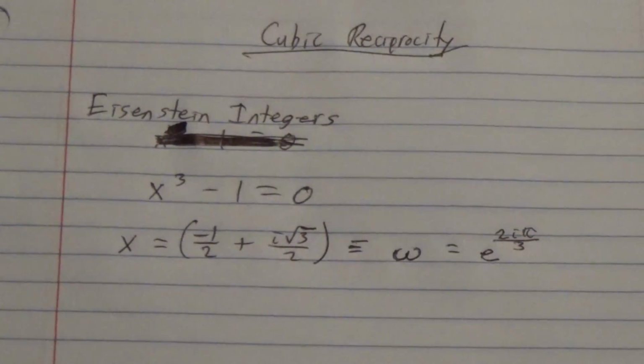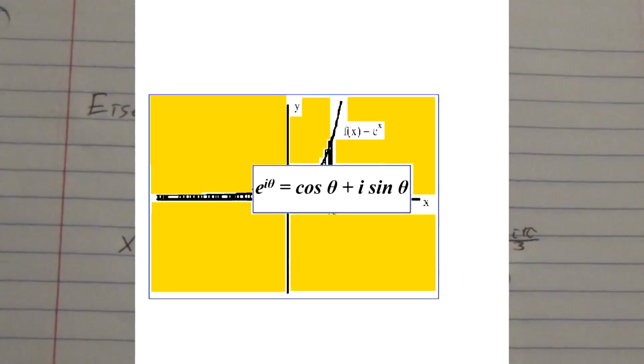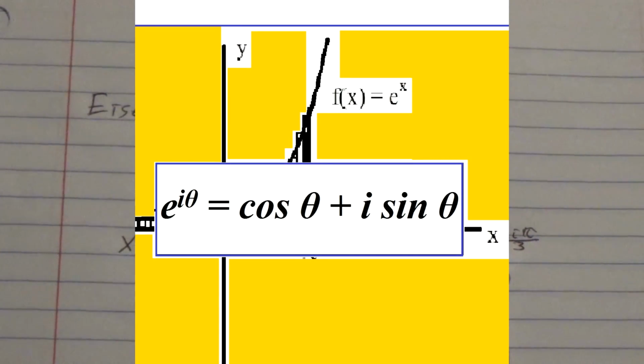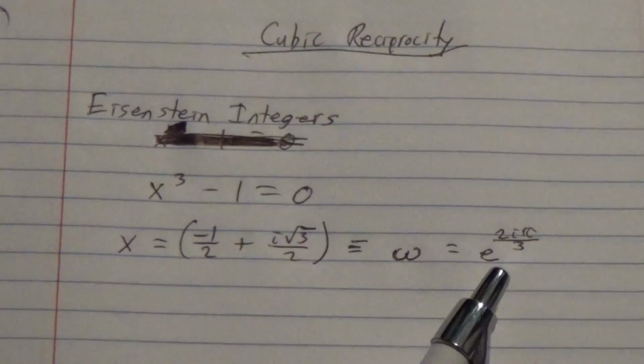I've also created a video series on why this is true, basically why e to the i theta is equal to cosine theta plus i sine theta. That's basically the whole explanation for this. There are different proofs of that, many of which happen to use calculus, but I encourage you to study that if you haven't already.